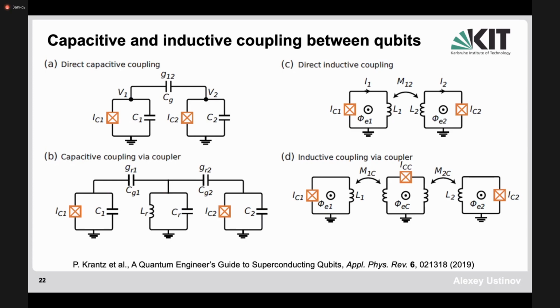Therefore, magnetic field is always generated such that field lines always close in themselves. Nevertheless, there are schemes of coupling the qubits inductively. The problem is that if you have many qubits on the chip, then inductive coupling is much longer range than electric coupling, and therefore you will unavoidably couple your pair of qubits which you want to couple together to other qubits which will be on the same chip. So basically you have to pay attention to the so-called crosstalk.